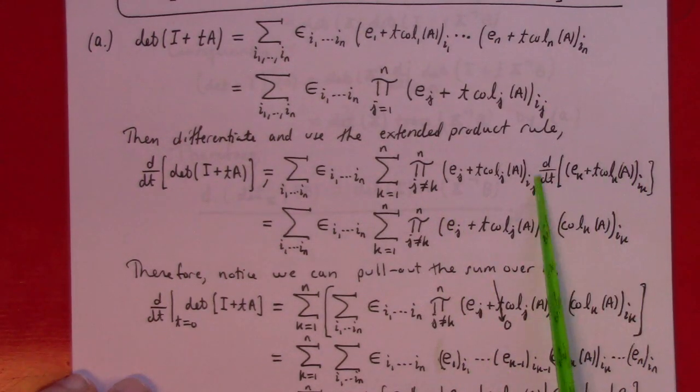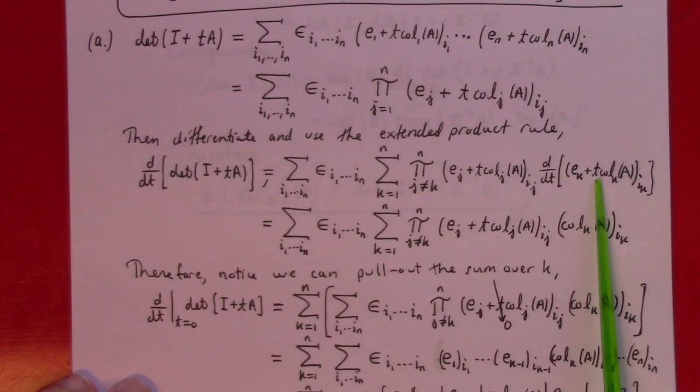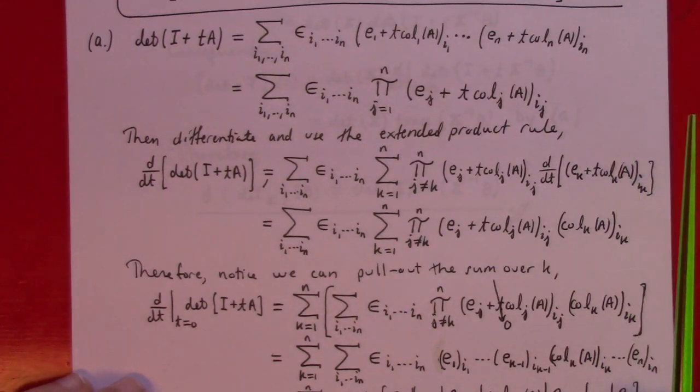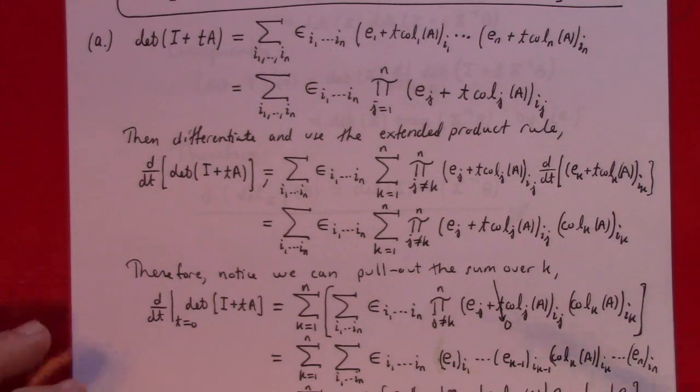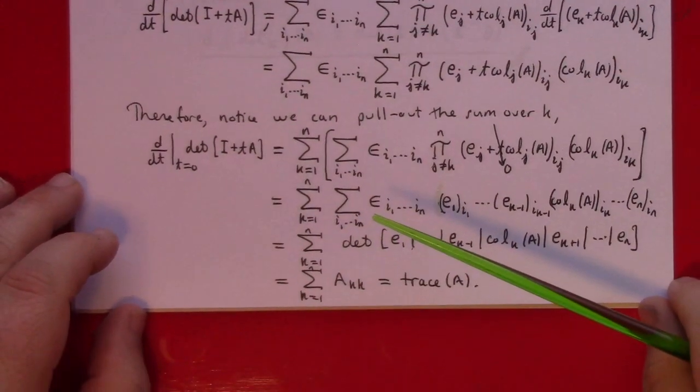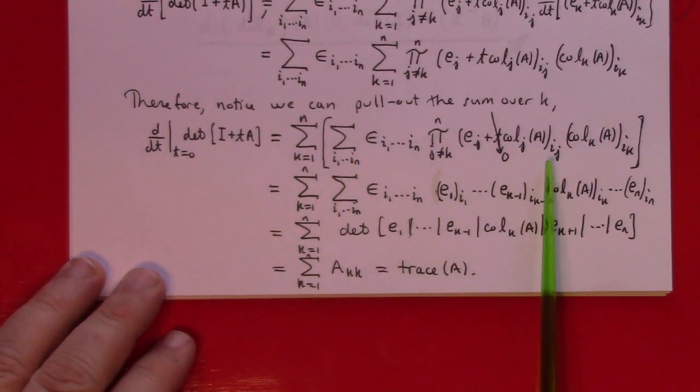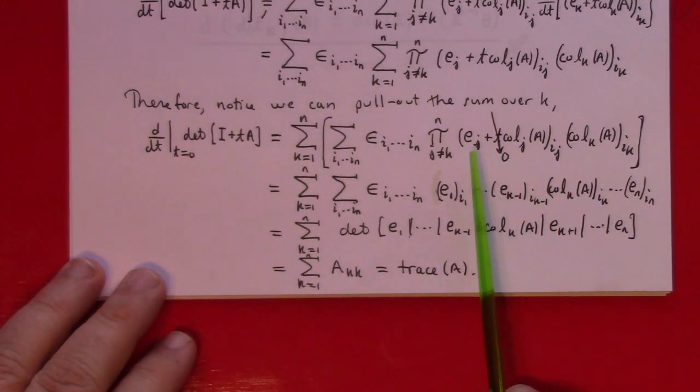Now this just differentiates to the kth column because derivative of t is 1, and then we've got that. But the thing is, I can pull the sum over k out front because this and that sum are independent. N is the fixed dimension, the size of the matrix here. And as such, you get this is that, but again, we're evaluating at 0, so that drops out.